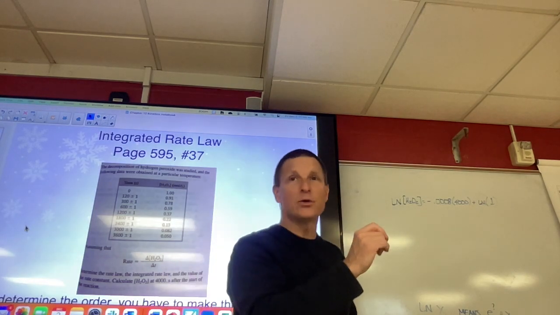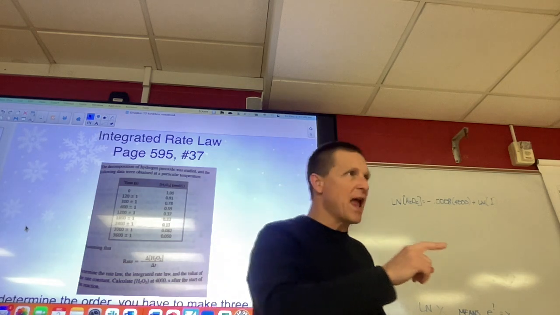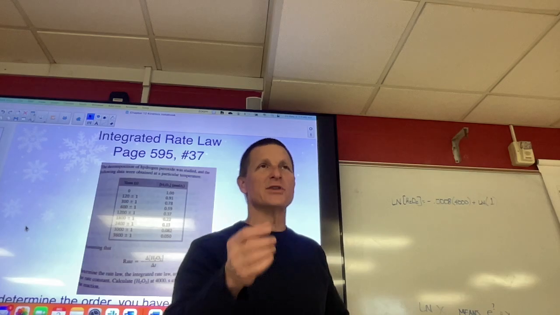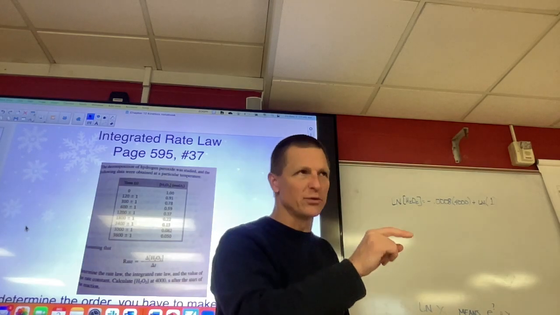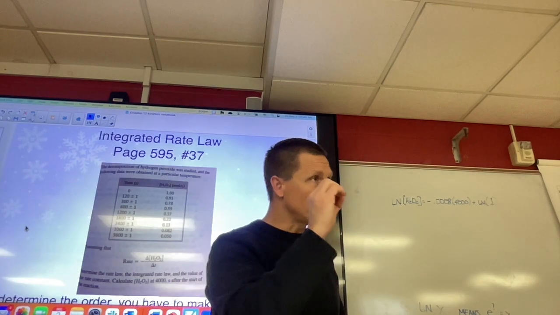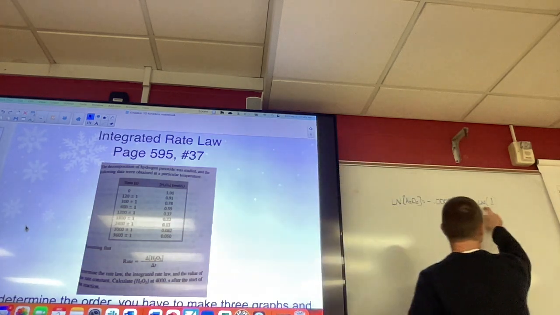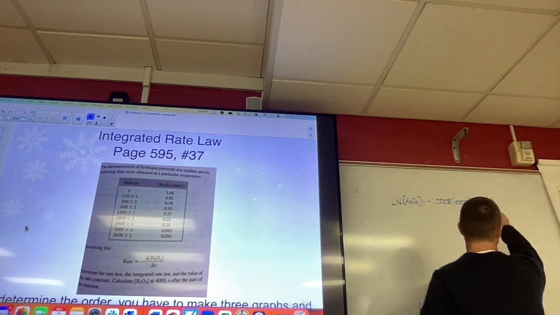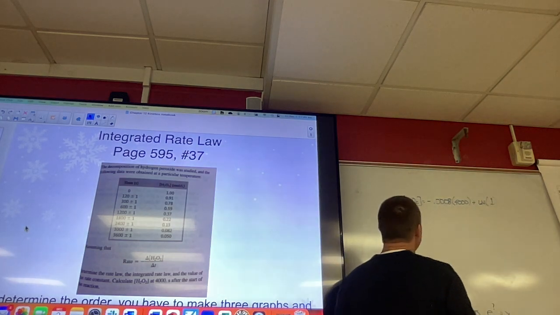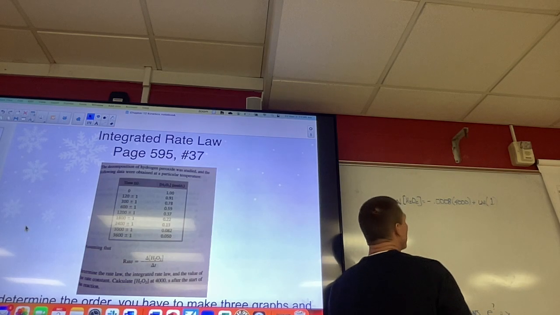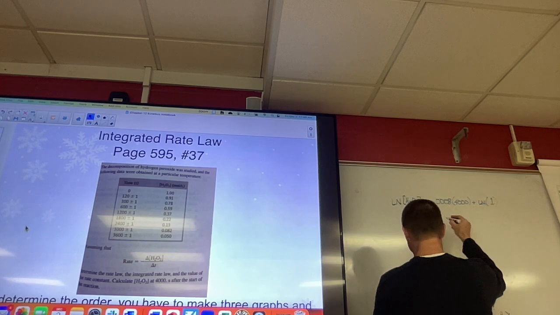E to what power equals 1? Even if you have never learned about logs yet, you could still answer this question. Zero power. Any number to the 0 power equals 1. So this term is 0. So my right side is negative 3.2.